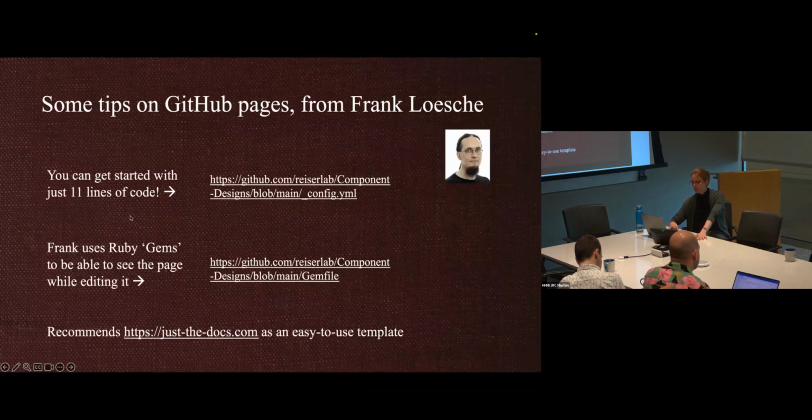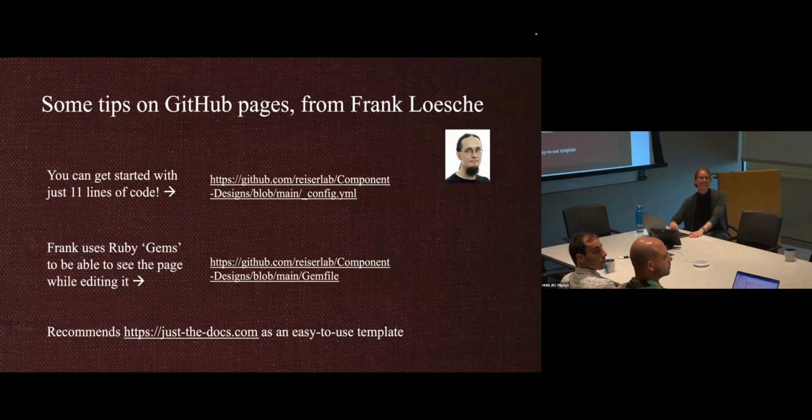Some tips from Frank: you can get started with just 11 lines of code. If you look at this recording and look at this URL here, you can see his config file. Frank uses this thing called RubyGems, which I'm not really familiar with. Do you want to say? Yeah, to be honest, I just copied and pasted that from the GitHub description.